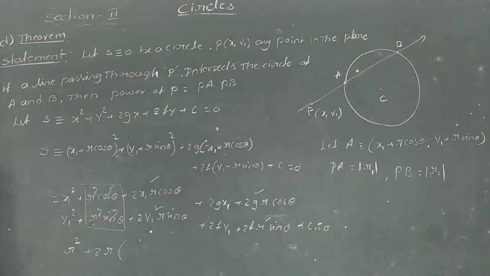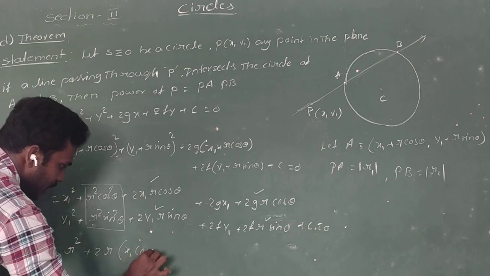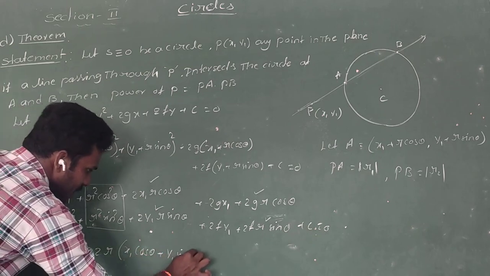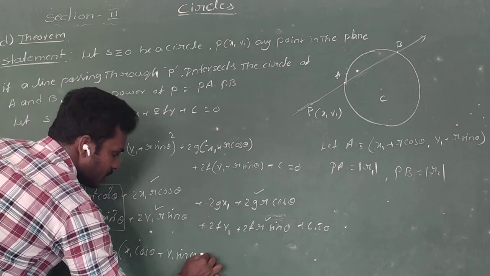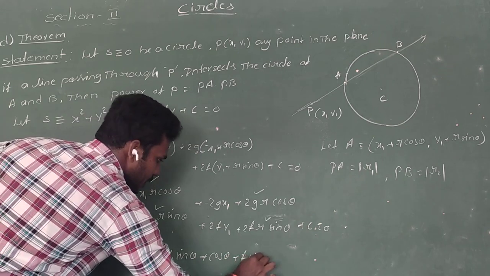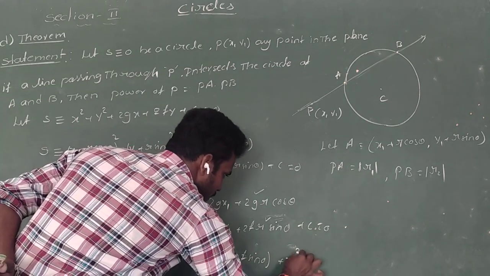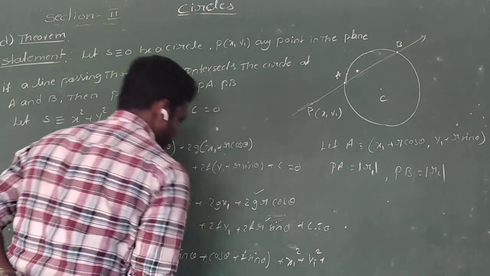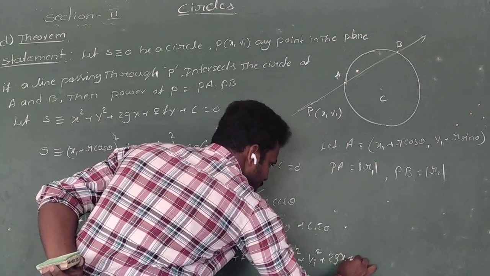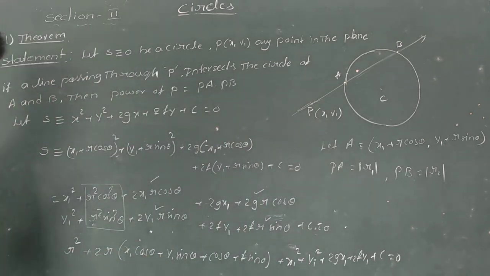So 2r common means x1 cos theta plus y1 sin theta plus g cos theta plus f sin theta. What is the remaining part? The remaining part is x1 square plus y1 square plus 2gx1 plus 2fy1 plus c is equal to 0. So that is the equation we got.